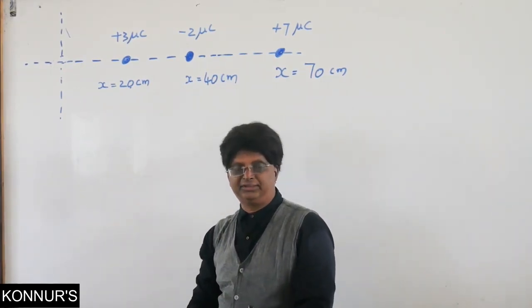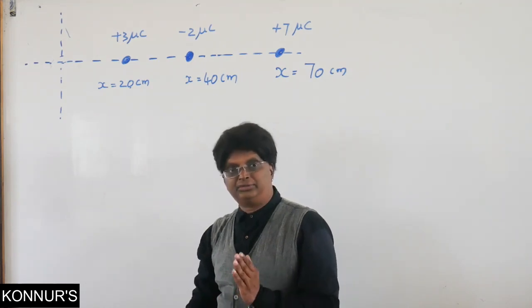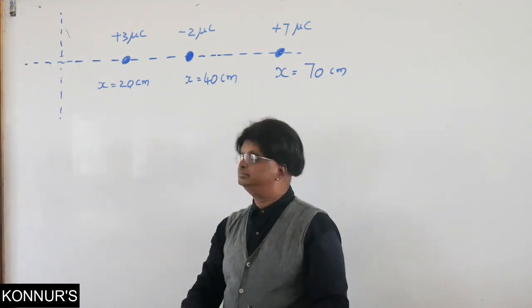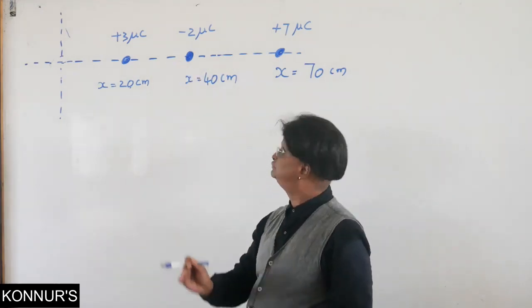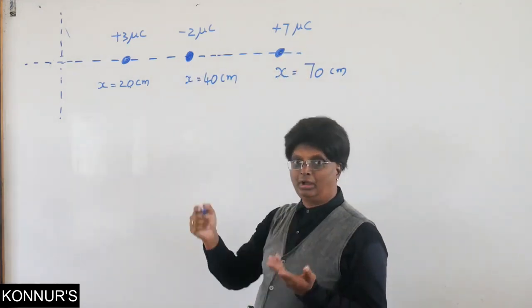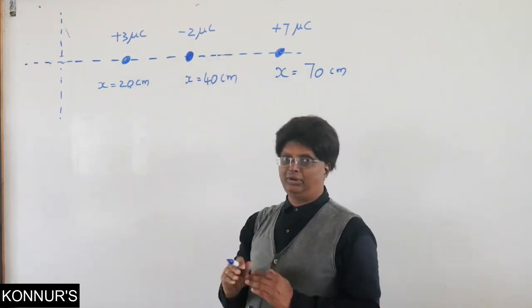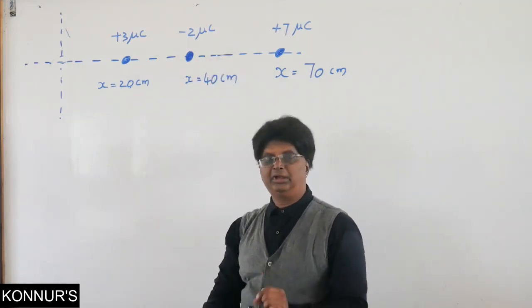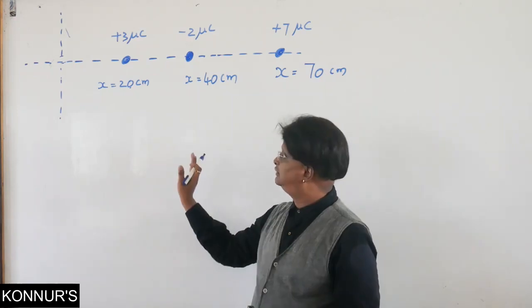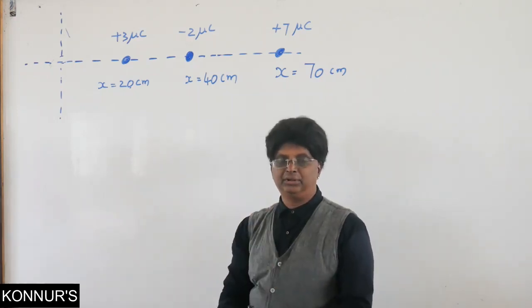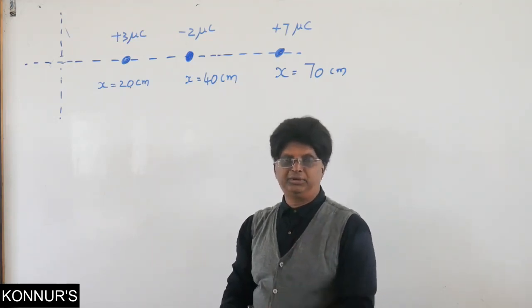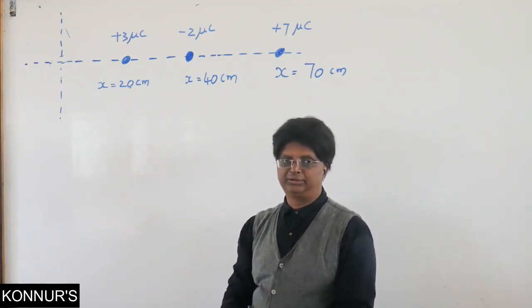Now the question is open: find the net force on the plus 3 microcoulomb, or the plus 7 microcoulomb, or this middle charge, whatever it is. I will do one such example here, the net force on one particular charge. For the other two charges, you will do it as a small homework. Right.